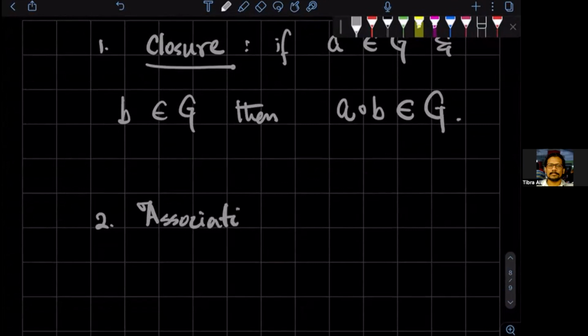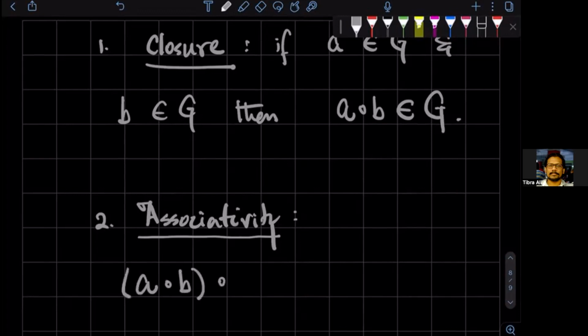So associativity. Suppose if you have multiplied A and B and then multiplied to C, that's the same as A first multiplying B and C and multiplying A with it.